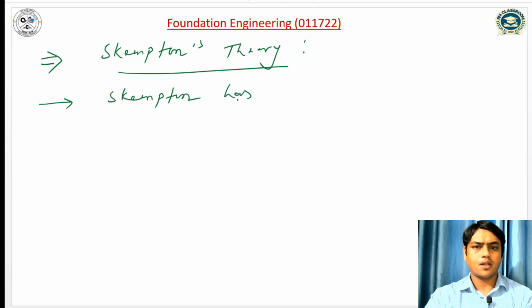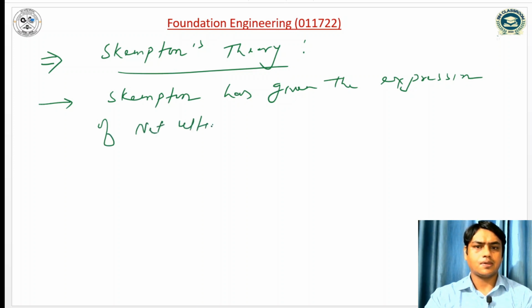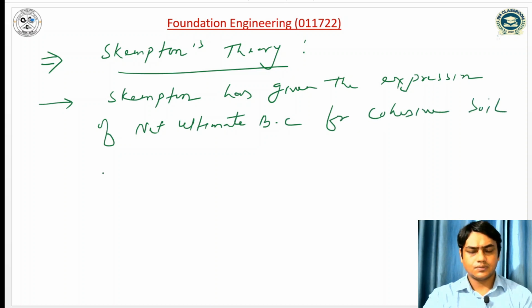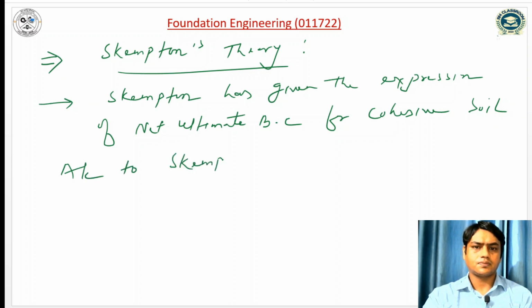Skempton has given the expression of net ultimate bearing capacity for cohesive soil, and according to Skempton, the net ultimate bearing capacity is equal to C into Nc.